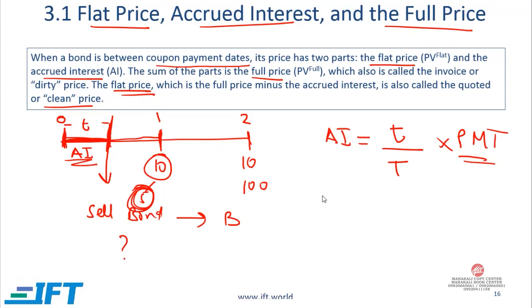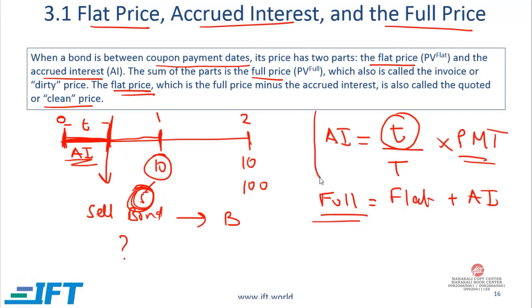The full price is equal to the flat price plus the accrued interest. So if this is what were quoted, we know that accrued interest is changing every day because this number is changing. So the price would just change every day, and that would be somewhat confusing. This price would change even if the yield is not changing.